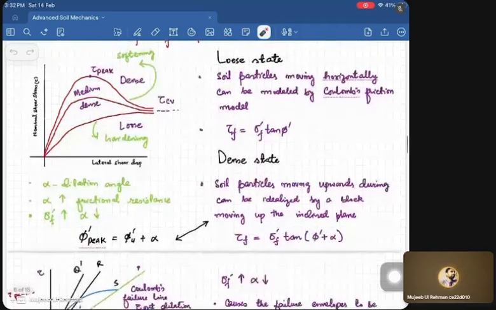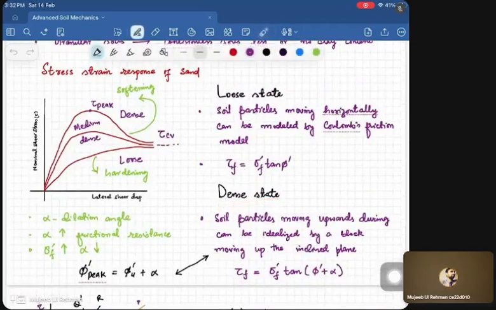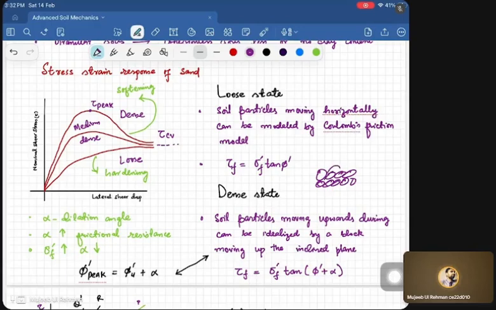In the case of the dense state, the soil particles are moving upwards. Let me show you. You can see the dense particles like this. When you shear them, they go like this.